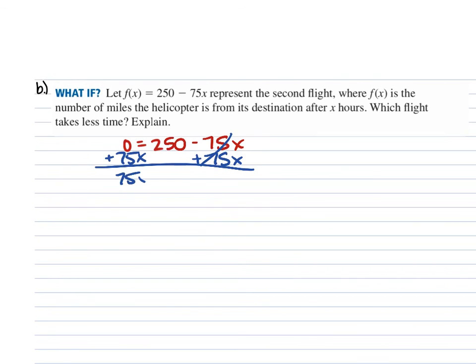So I get 75x is equal to 250. And then I'm just going to divide each side by that 75. And I get 250 divided by 75 is 3.3 repeating. So which one takes the less time? The first flight.